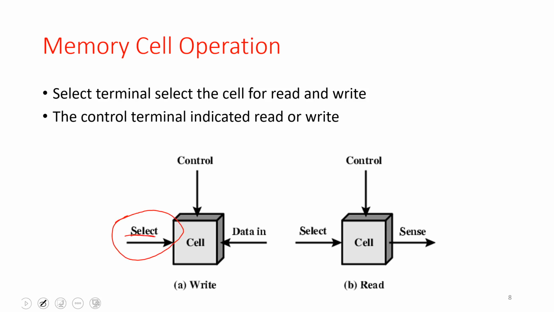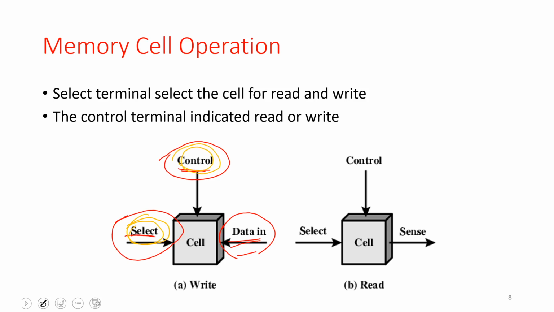Then we will place the data that needs to be written on the data bus, and we will go to the control bus and say write the data. Now, whatever data is on the data bus will be written to the memory cell that is selected through the address bus, and the writing action is specified by the control bus.